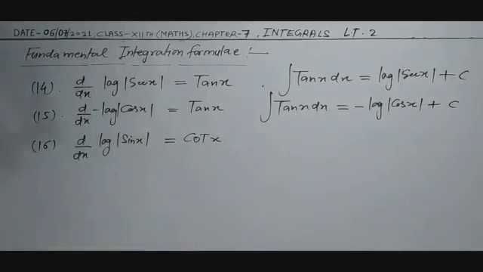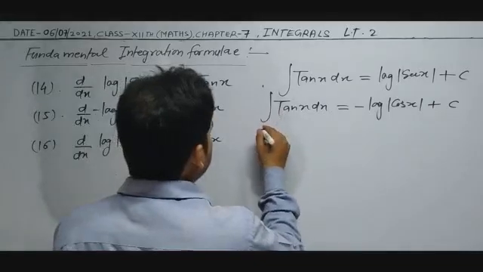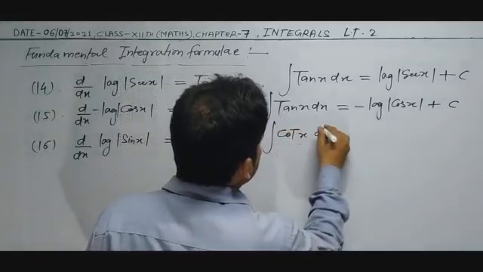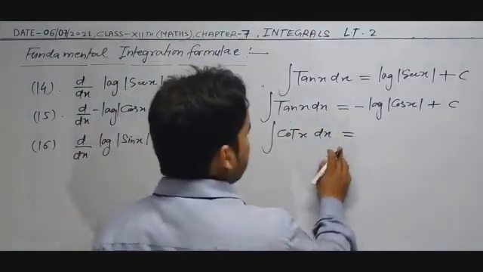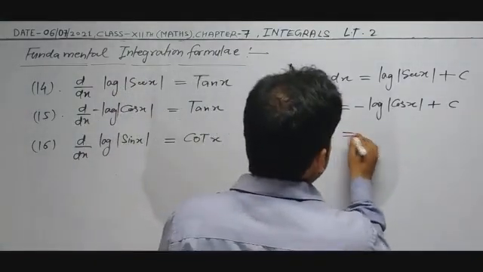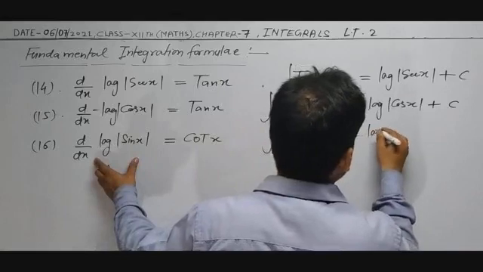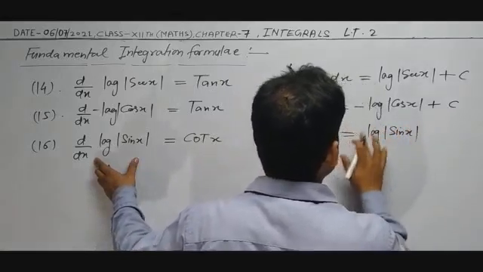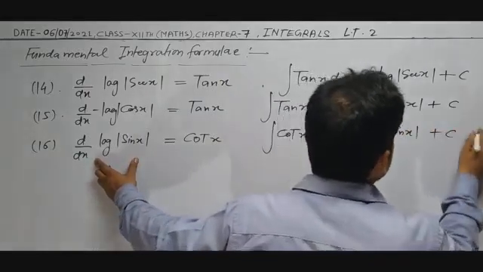So now, antiderivative of cot x dx will be equal to log of mod of sin x plus c.